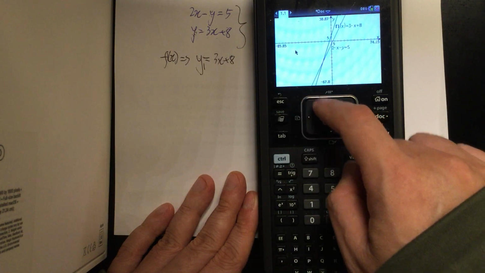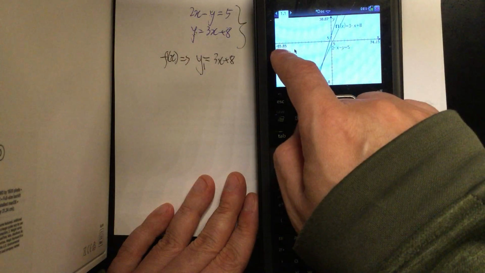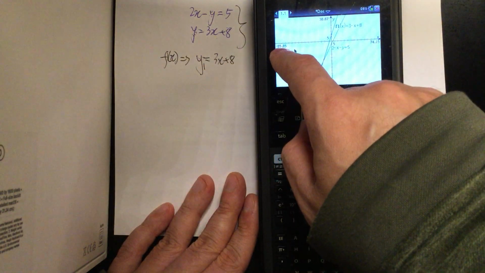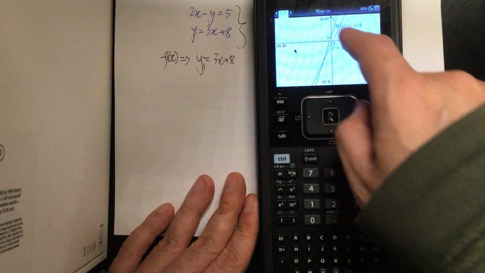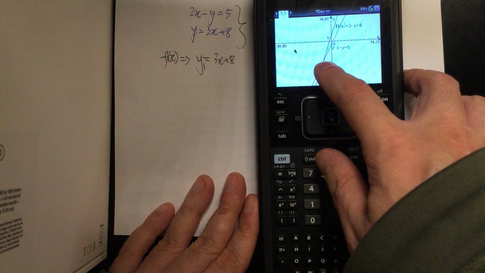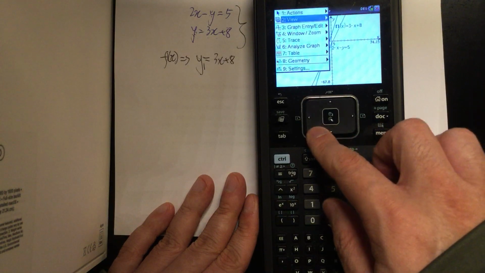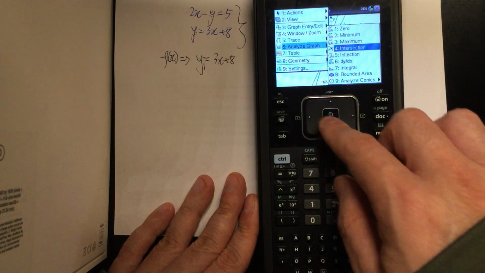Now, remember we said we want approximate values. If we had chosen exact values, you would have gotten things like 8,585 over 100 or something to that effect. Something ridiculous. Now, we want the middle value between the two. You go to menu. Now, here's the hard part: analyze graph, intersection.